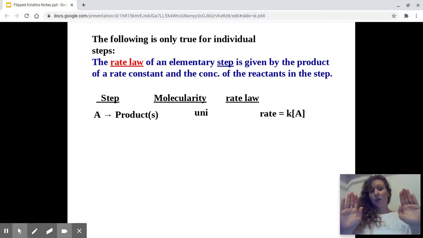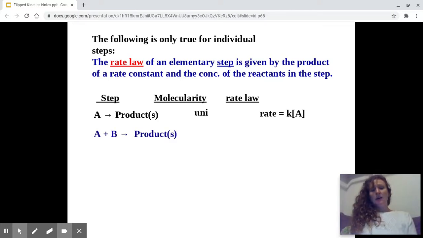This is not always true for an overall reaction. Also, the coefficient of the reaction for the individual step matches the order that you see in the rate law. Again, something that's not automatically true for the overall reaction and the rate law that comes with that.